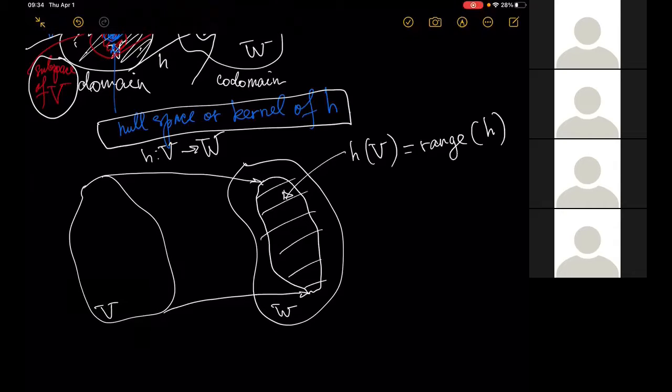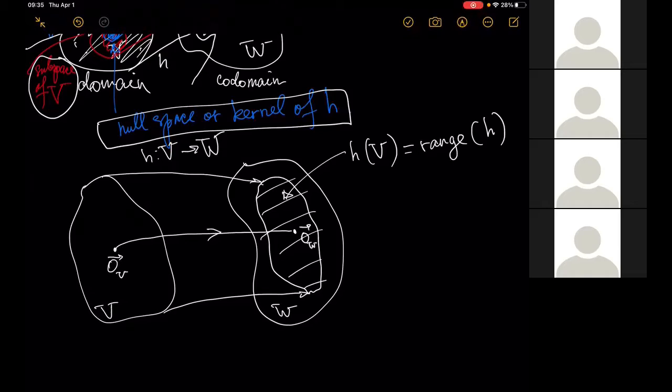The only thing which we know is that if we take the 0 vector, right? We know that the 0 vector by the homomorphism will be mapped into the corresponding 0 vector here.